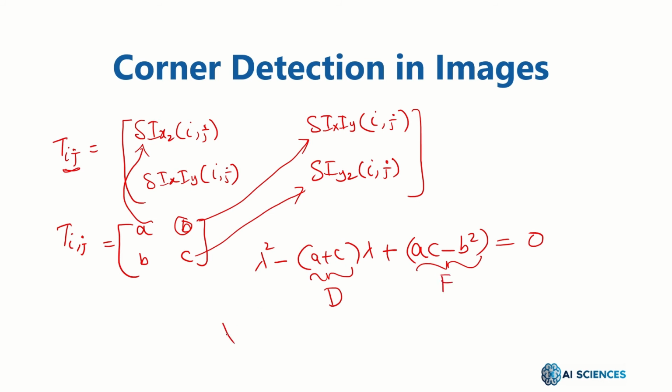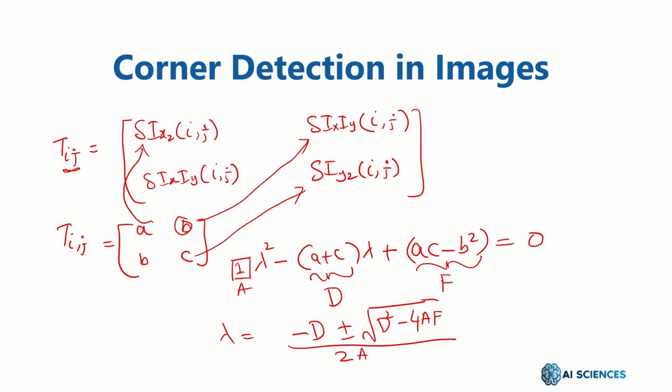Then the final solution, lambda, can be written as minus D plus or minus the square root of D square minus 4AF, over 2A. That's the formula. We can apply this formula element-wise, or we can apply this formula on the whole matrices, and that will compute the eigenvalues for every matrix.